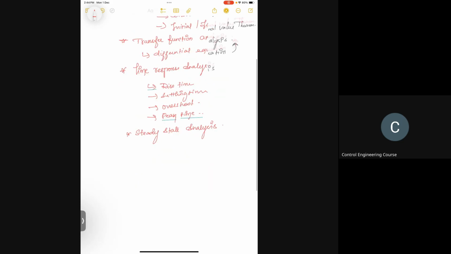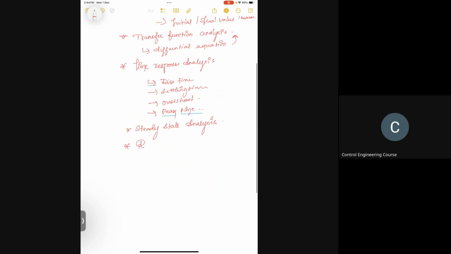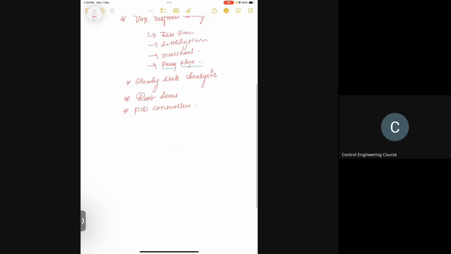Until then, it's only time domain. Then we saw a tool called root locus with open loop. How can we analyze the system or how can we make a control system out of it? We also saw PID controller. So until then, it is time domain based systems.